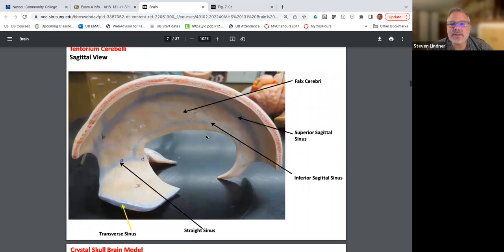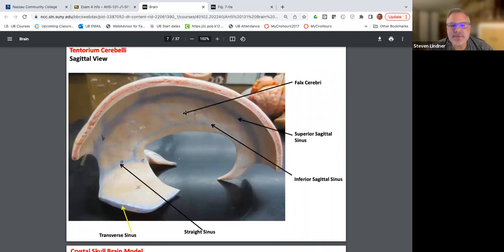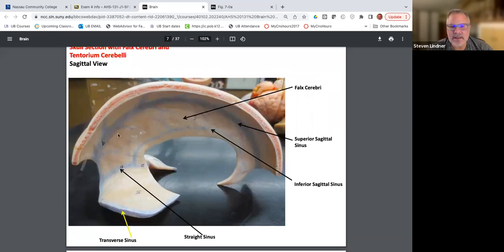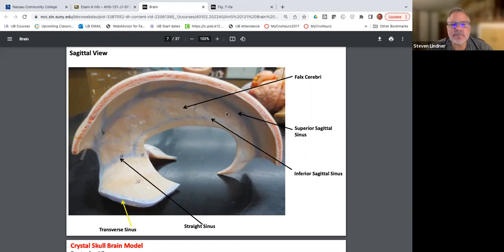Okay, there's a few structures here. This is on the internal lining of the skull, right? This is like pulling off the cranium, and then you could see a few structures in here. This will come back again to, I don't want to say haunt you, but it'll come back again when you get into the circulatory system. You go over the heart, and then you go over the arteries and the veins.